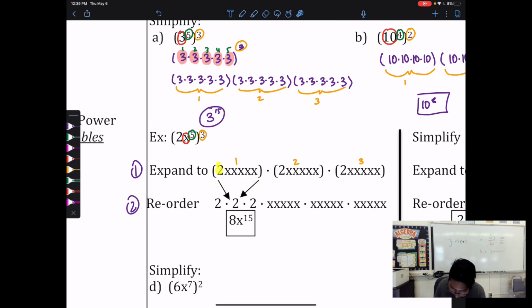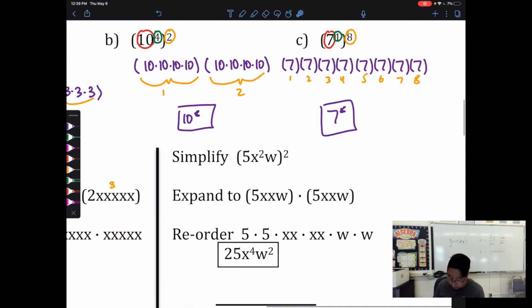Then we reordered it. We got three 2's, and 5 x's, three times. We expand it, then we simplify. We multiply 2 times 2 is 4, 4 times 2 is 8. And then there's 15 x's.